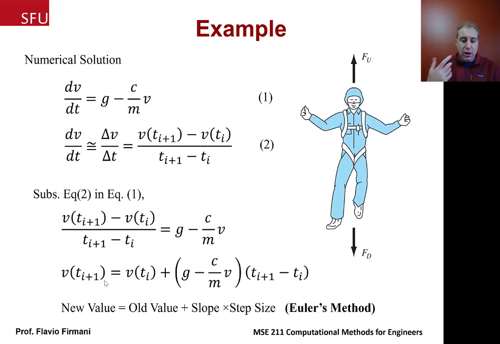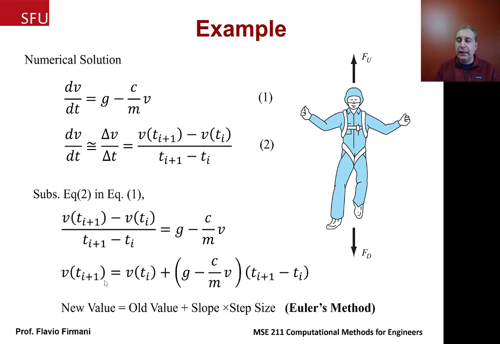Now we're going to solve this problem numerically as well. And in order to do that, there are different types of algorithms. What we're going to do here is present perhaps the simplest of these algorithms.